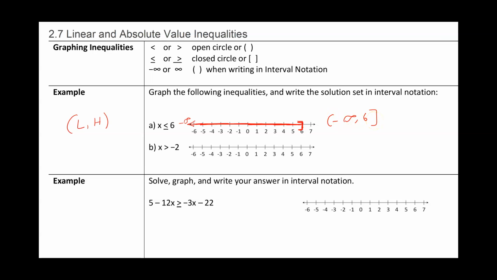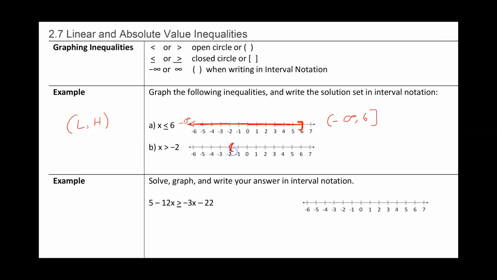In example B, we want the set of all numbers that are greater than negative 2. So we have to determine, is the number negative 2 included or not included? In this case, we strictly want the set of all numbers that are greater than negative 2, which means negative 2 is not included in our solution set. So we are going to put parentheses on negative 2.